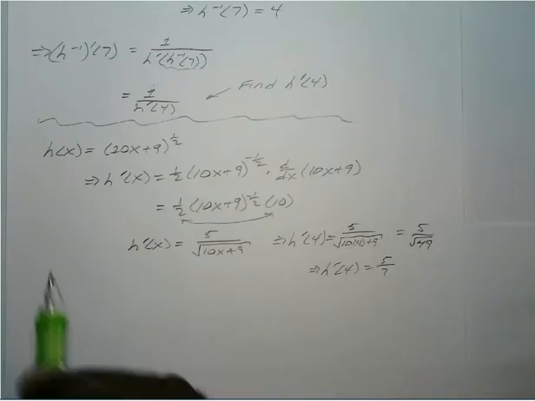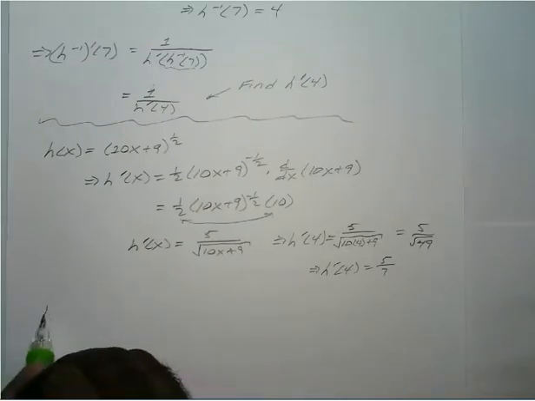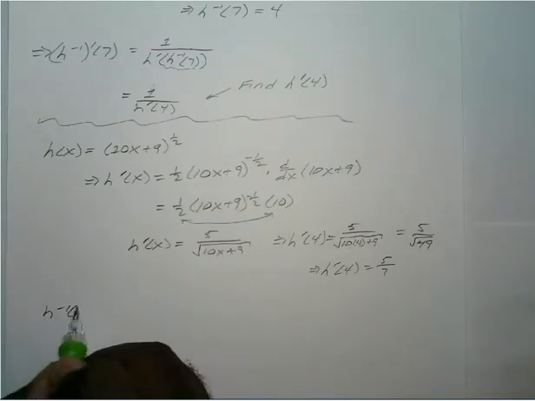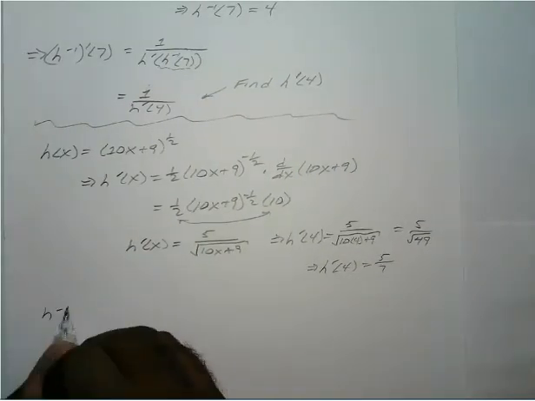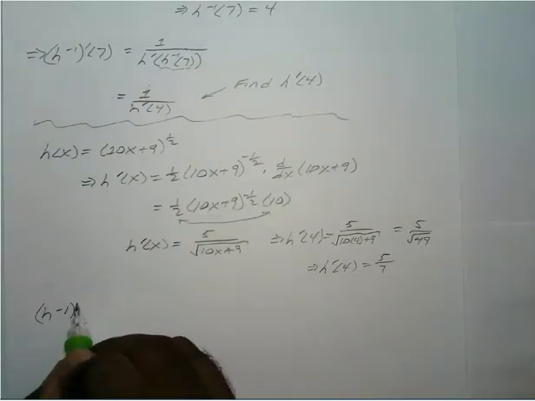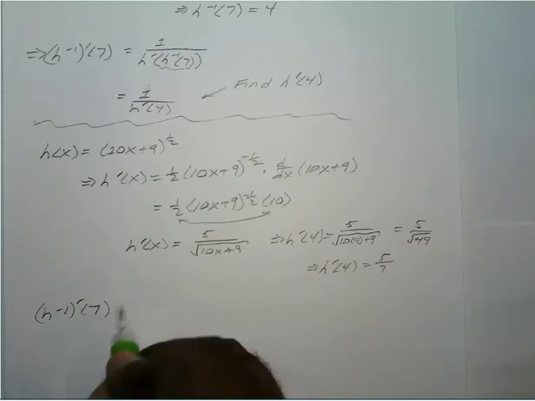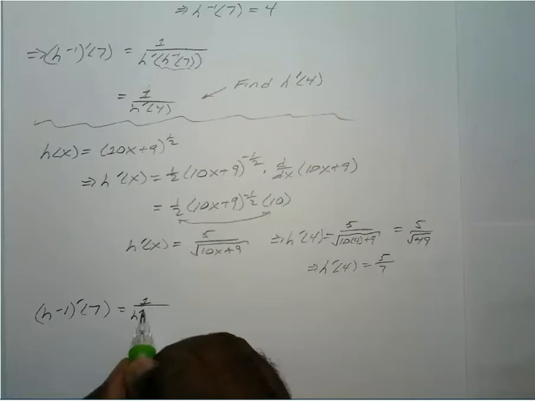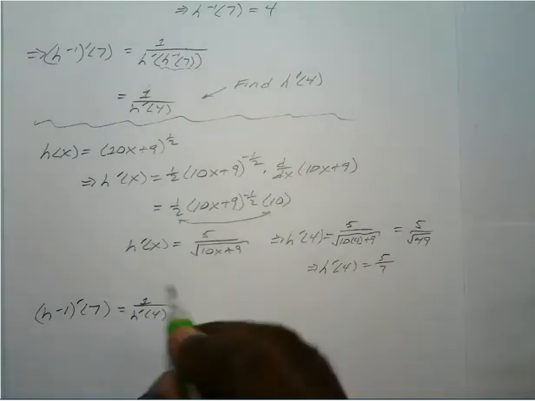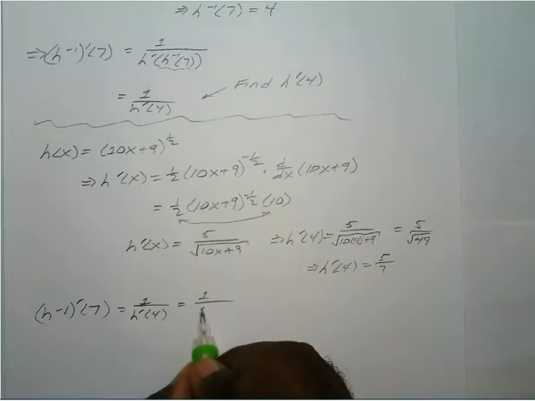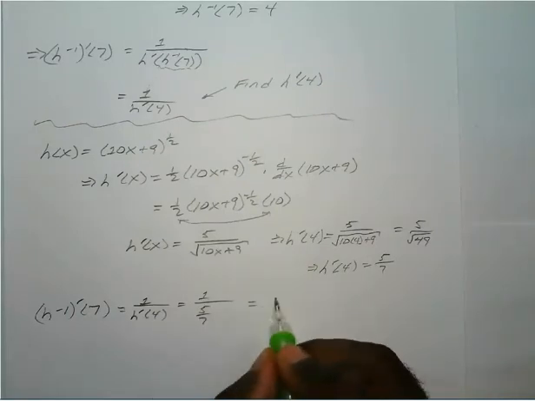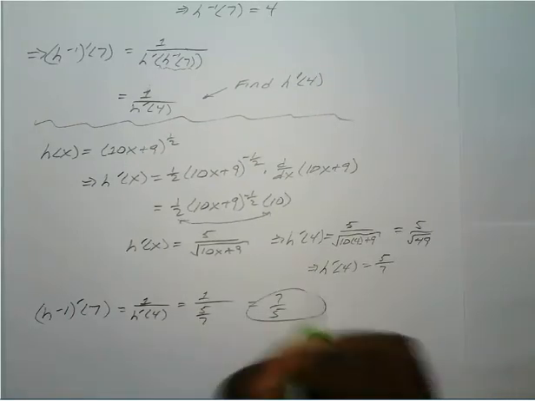Alright, so to finish it off, our h inverse prime at 7 is equal to 1 over h prime of 4, which is equal to 1 over 5 over 7, which is equal to 7 over 5.